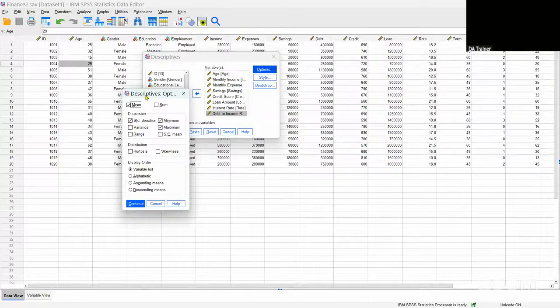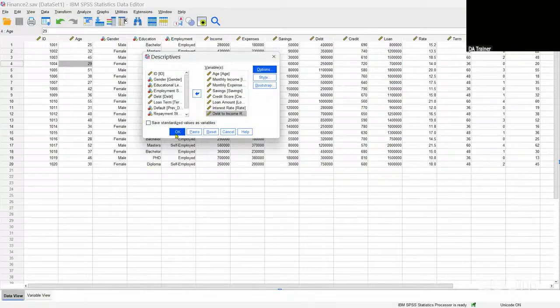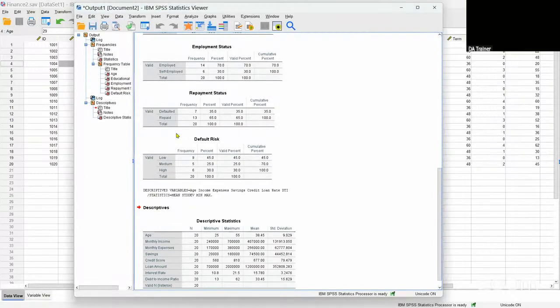So just activate mean, standard deviation, minimum and maximum, and then you can keep your ascending means if you want to, or you keep it on the variable list. There's no issue there. Click on continue, and then come here to click on OK.